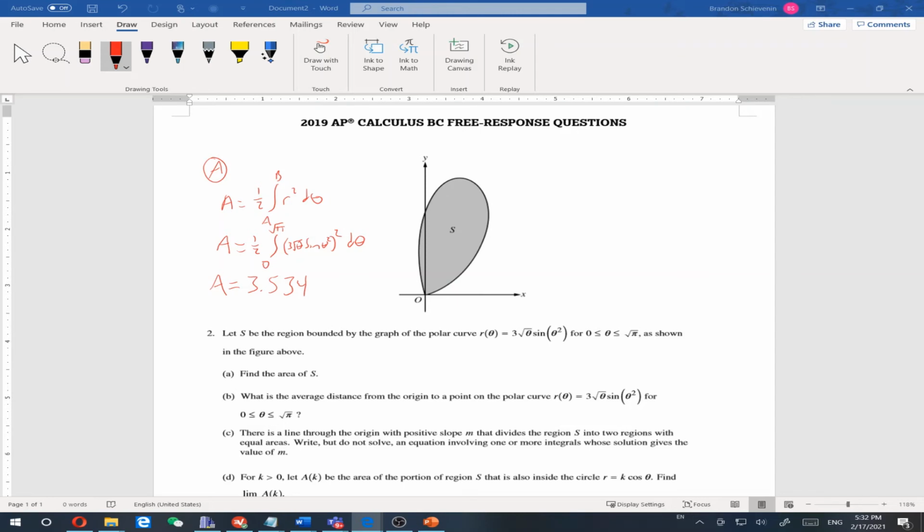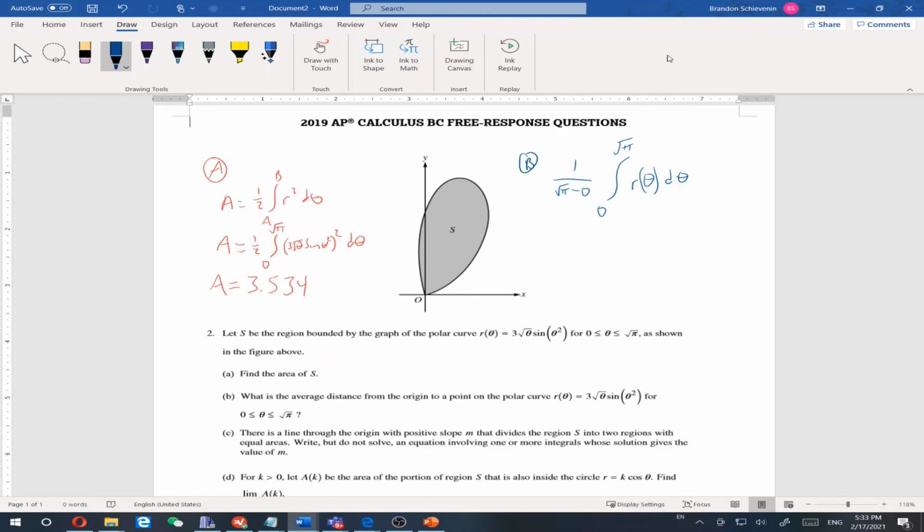So it's 1 over root pi times the integral from 0 to root pi of 3 square root theta sine theta squared. Okay, so of r theta in terms of theta, looks good.